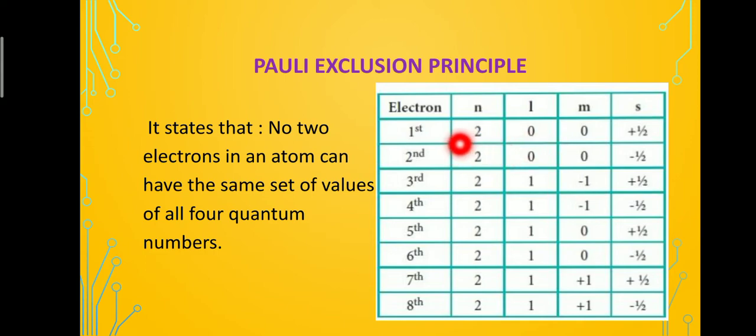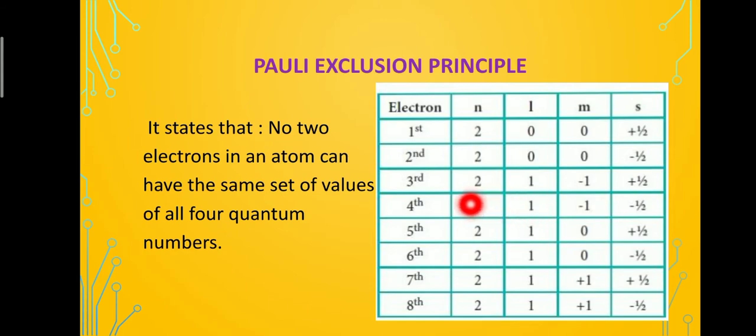Each electron is unique in terms of its quantum number. First, look at the first electron. Your principal quantum number is 2, azimuthal quantum number is 0, magnetic quantum number is 0, spin quantum number is plus 1/2. For the second electron, same principal quantum number, same azimuthal, same magnetic, but it varies in the spin quantum number. Clear?